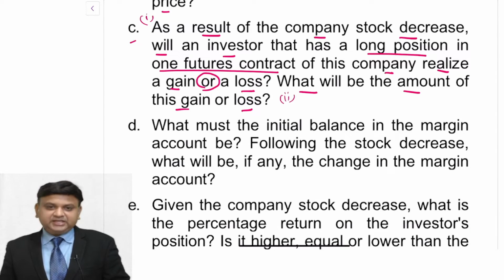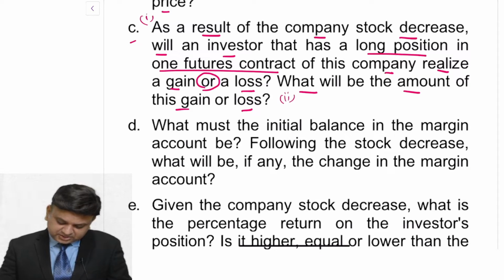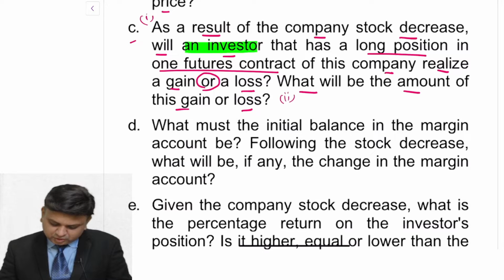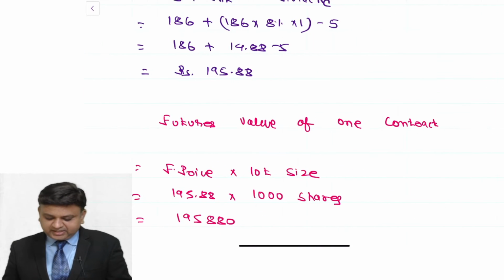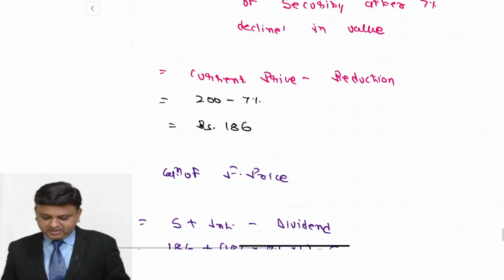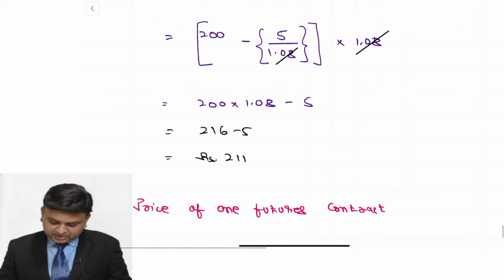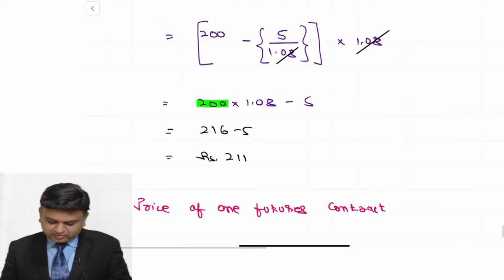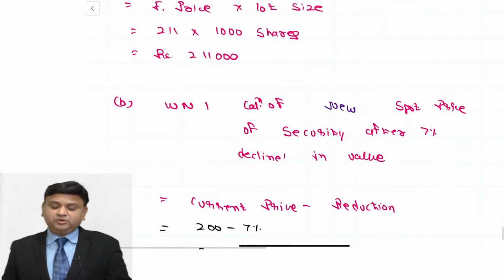Let us understand how to calculate the answer. The question is providing that an investor has a long position in one futures contract. What does it mean? It means that he entered into the transaction to buy. When the spot price was 200, the trader entered into the transaction to buy. What is the price at which he must have entered into the buy?